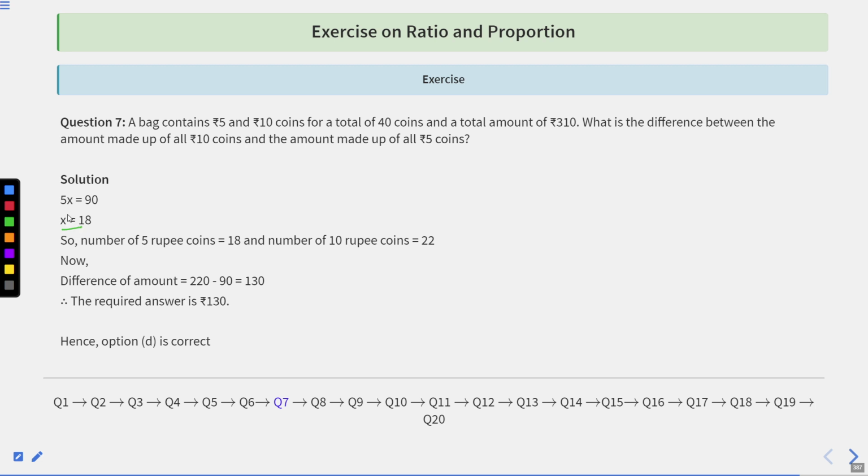That means the number of 5 rupee coins in the bag is 18 and the number of 10 rupee coins in the bag is 22. Now the difference of the amounts will be 220 minus 90 equal to 130. Therefore, the required answer is 130 rupees, which is option D.